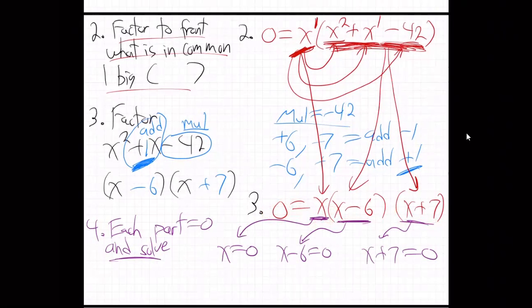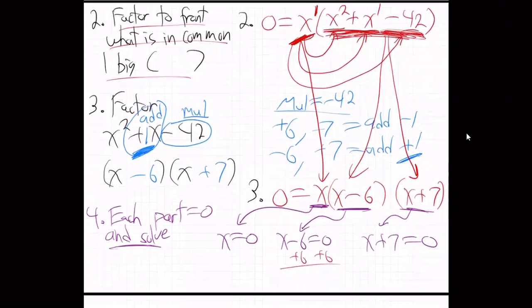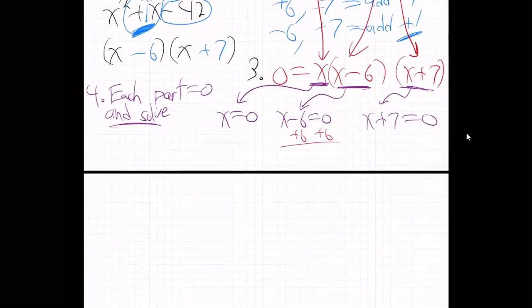So this means, come on down, add 6 to both sides. These cancel. So x is 6. Subtract 7 from both sides. So x is minus 7. And the 0 is done. So we have 3 answers.